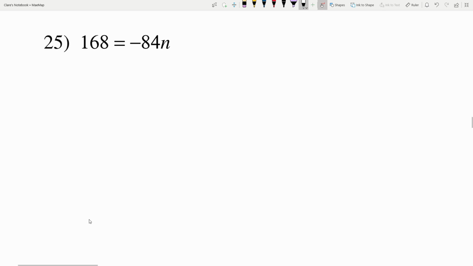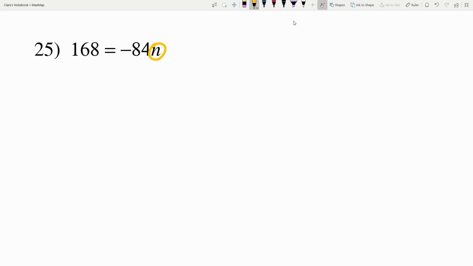So now, looking at 25, we have 168 equals negative 84 times n. Because that's multiplied by n, in order to isolate n, I'm going to have to divide by that same value. So dividing by negative 84, because negative 84 divided by negative 84 is going to be a positive 1. And 1 times n is going to be equal to n.